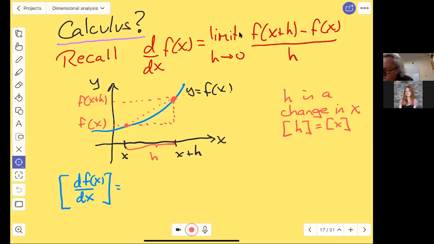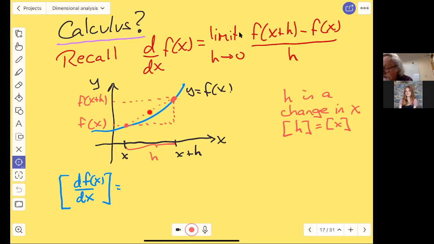So what I've drawn here are our axes. This curve is y is some function of x. And here I'm saying is x, and over here is x plus h. This is the value of the function evaluated at x, and this is the value of the function evaluated at x plus h. And if I take the slope of the dotted line joining those 2 points, well, it's not the tangent line, but it doesn't look completely dissimilar.